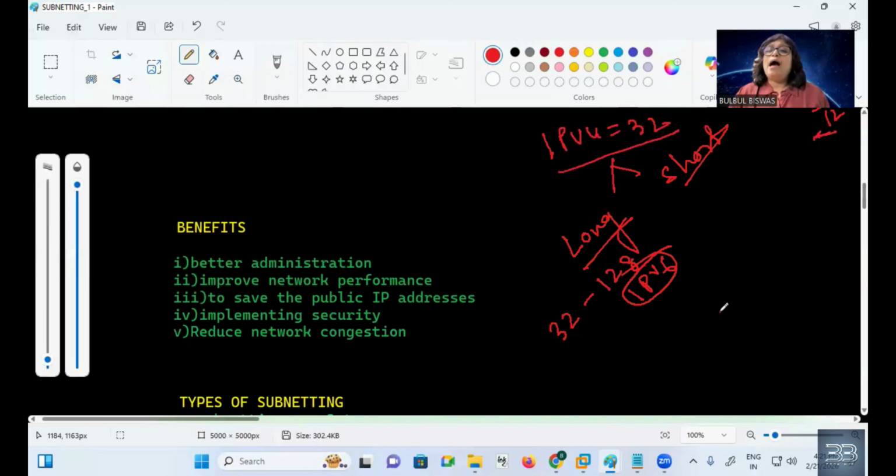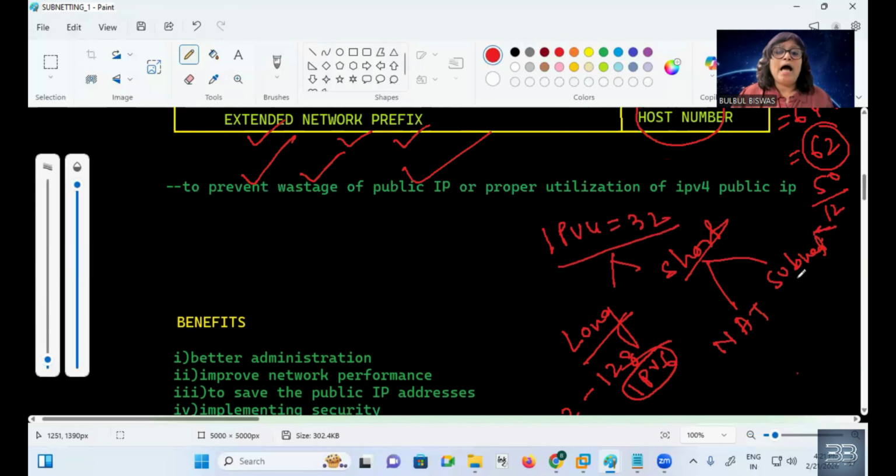At that time, IETF suggested two solutions. One is NAT and another is nothing but our subnetting. Am I clear? So both concepts were brought to the market by the IETF, Internet Engineering Task Force.